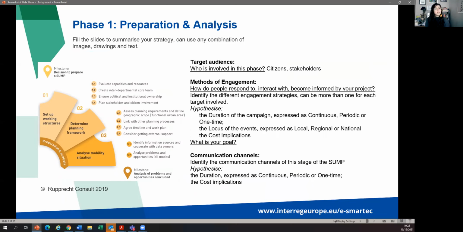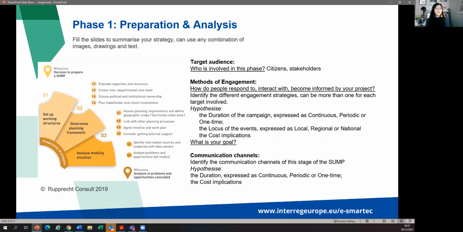So by looking at the phase, what you should do is really to try to understand which phase we are in, to try to understand what is the goal of the phase, what I will need to do to engage, what exactly would be the goal of my engagement. So this is phase 1, preparation and analysis.